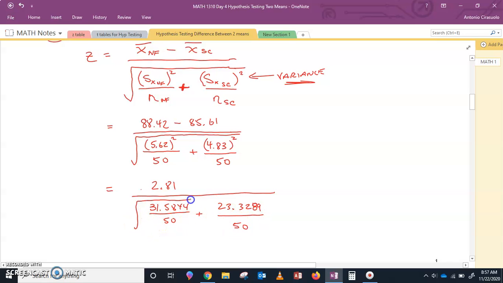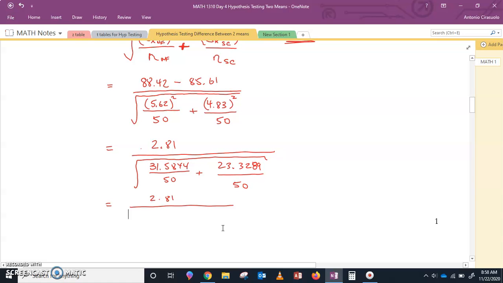Now, common mistake, students forget to take the square root of that denominator, so it's 2.81 over, and I'm showing a lot of detail here. I just want to make sure that you know how to calculate that denominator.